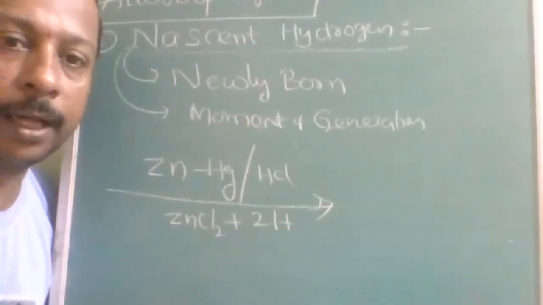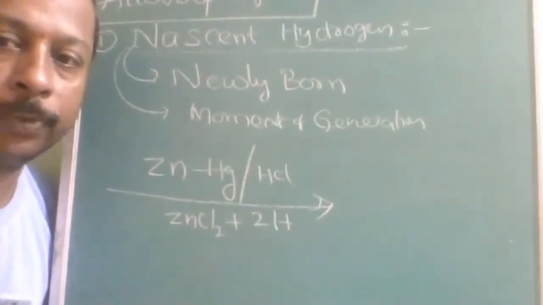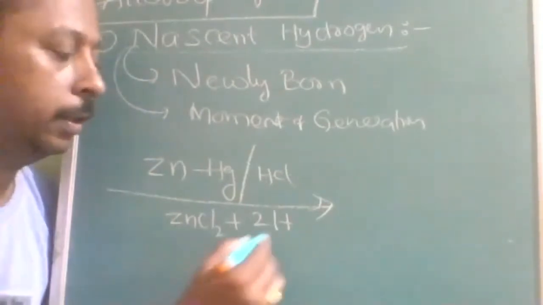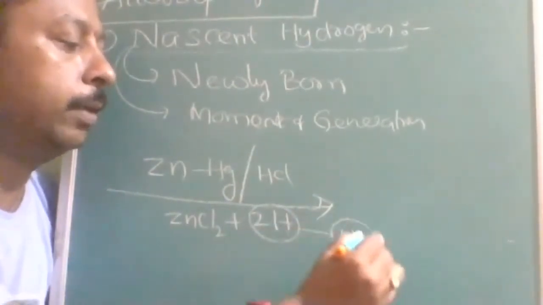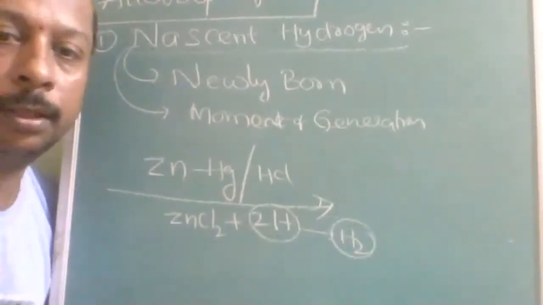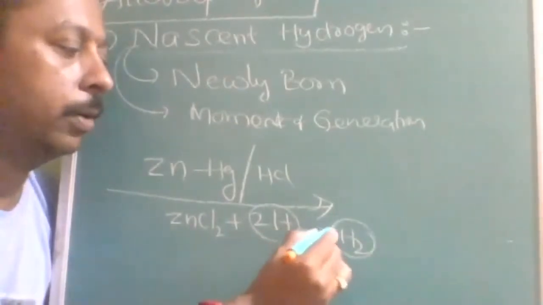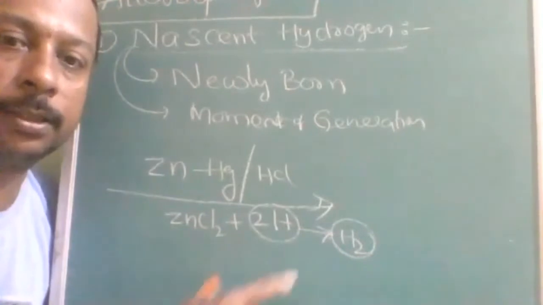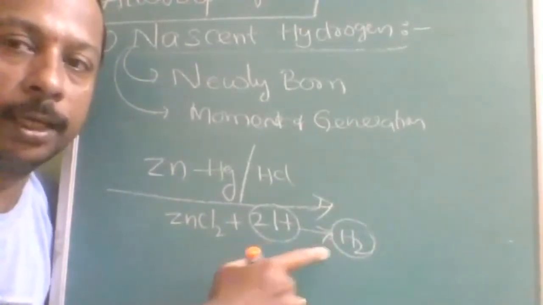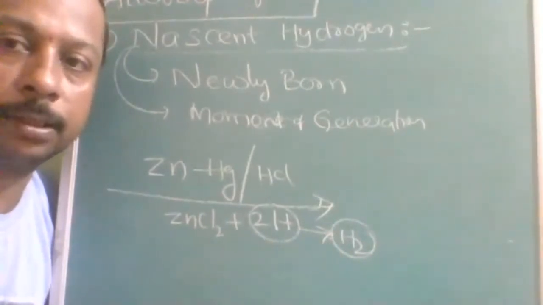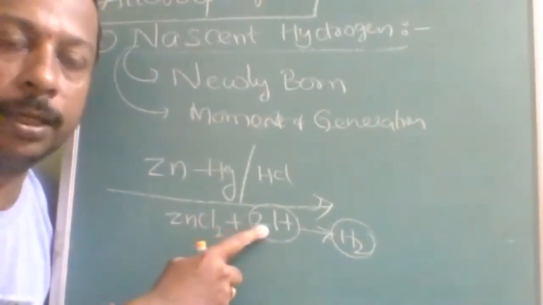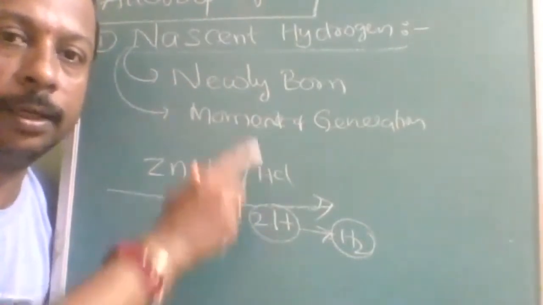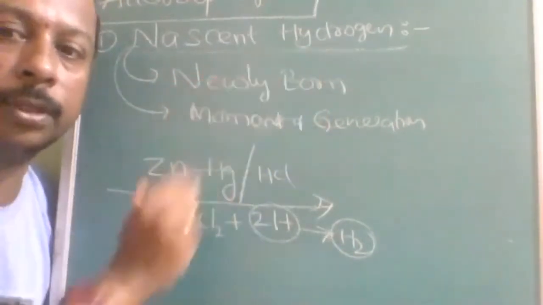But after a fraction of a second, these two hydrogens will combine to form stable hydrogen. Once it is stabilized, we cannot expect any reaction from this. So we want it to be utilized immediately when it is generated. That is called nascent hydrogen.